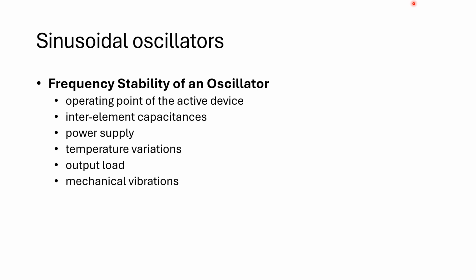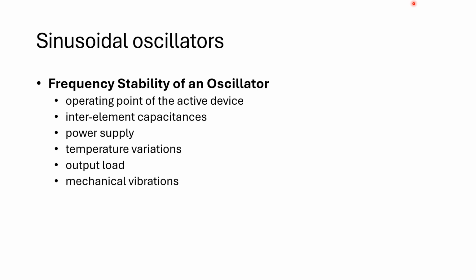Take note, as we discussed in the previous slide, the two components that make up the frequency of an oscillator, one of which is the capacitor. So there is a tendency that inter-element capacitances add up to the capacitance of our circuit, therefore having an effect on the oscillator's output frequency.